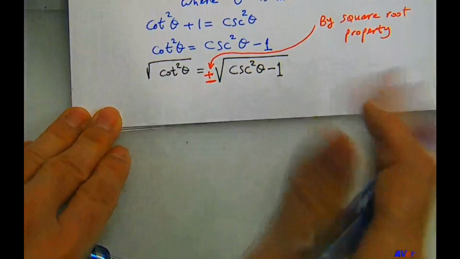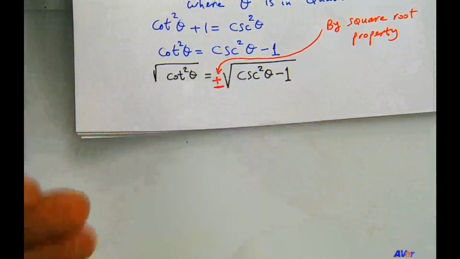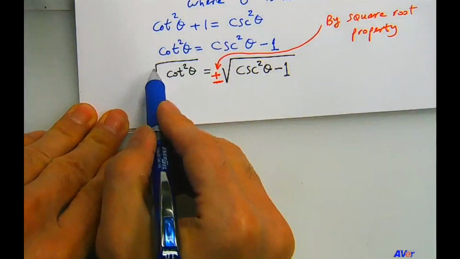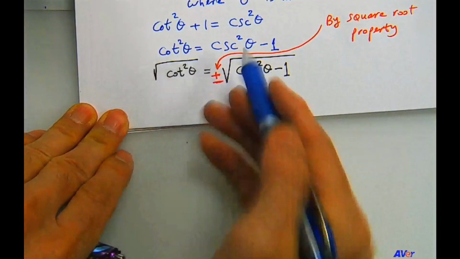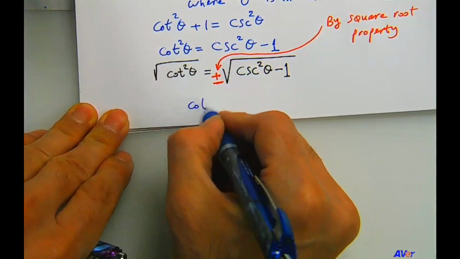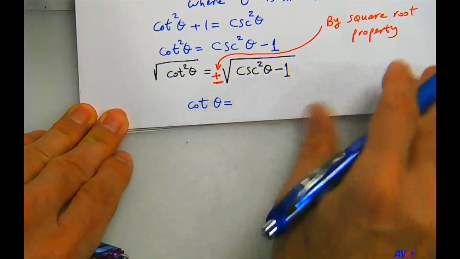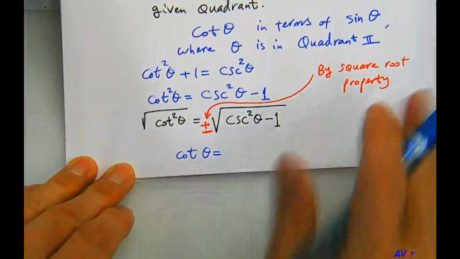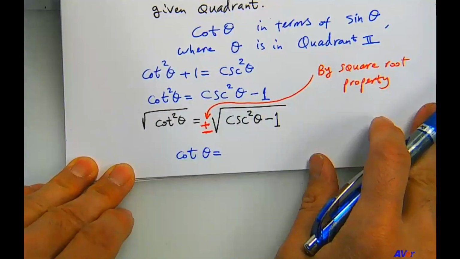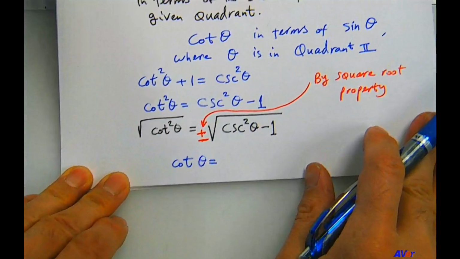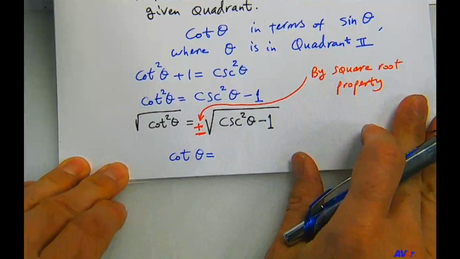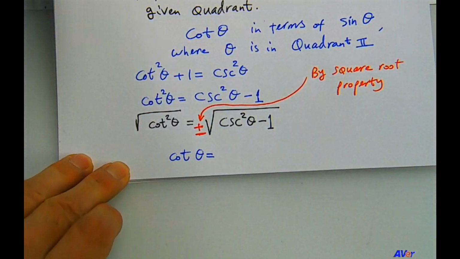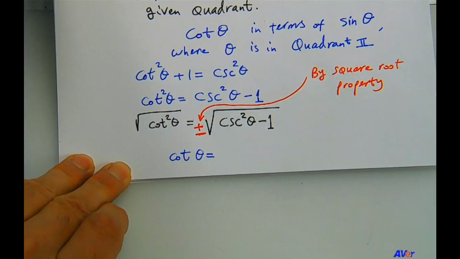Okay, so now we can continue with this and say that the power and the index, which is 2 for a square root, cancel each other out. We end up with cotangent of theta equals which one of these? It can't be both, right? Which one of these is the correct one? We know that by square root property we should have both, plus or minus that, but which one is the one we want?